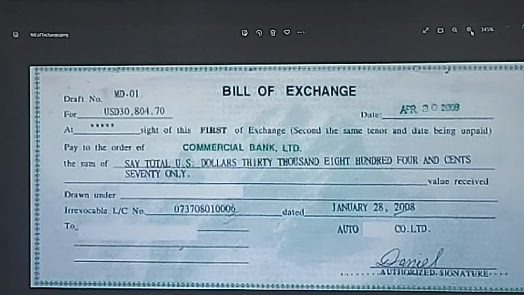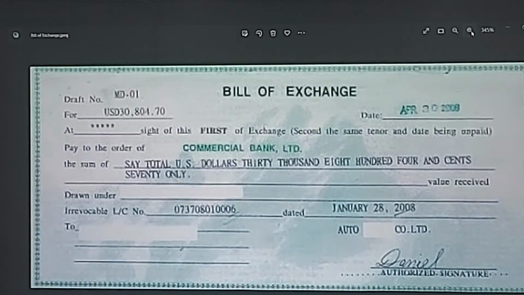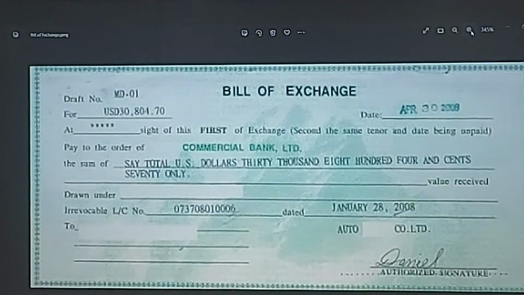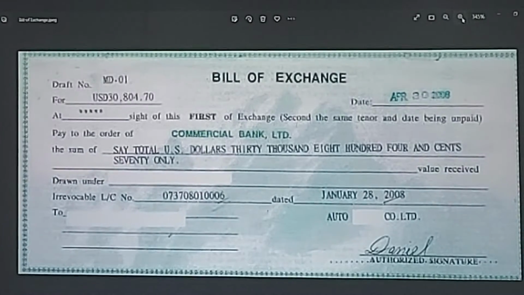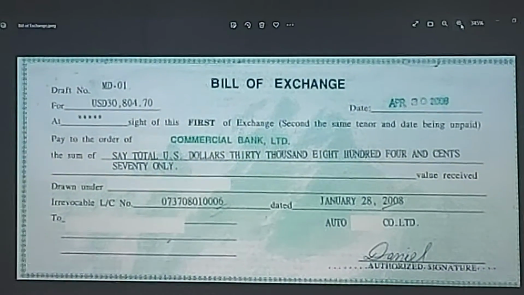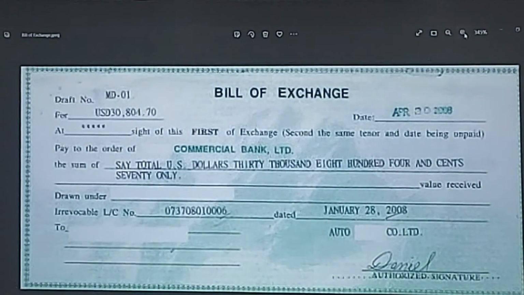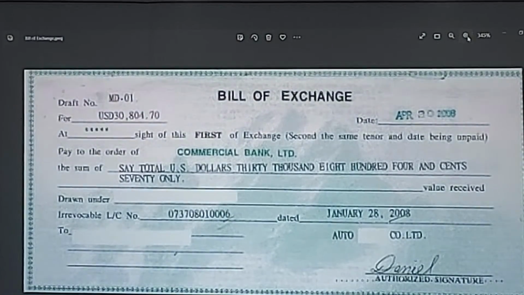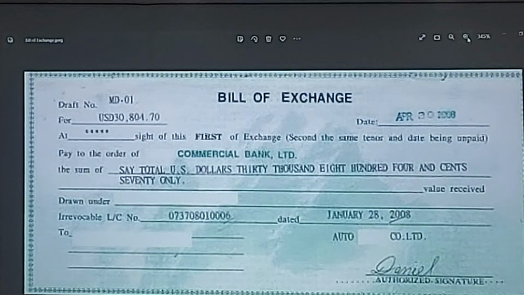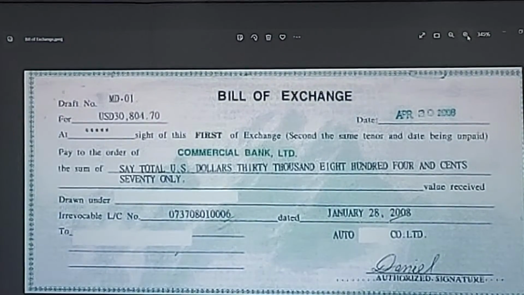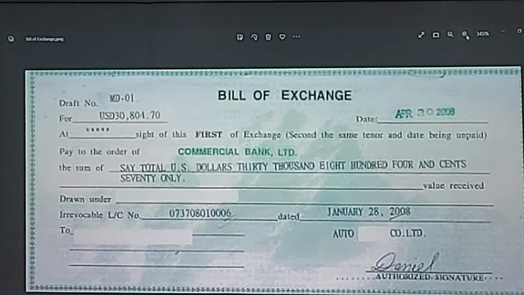Yes, this is a bill of exchange. As you see here, there is the date and the draft, and the amount is given here. This is the first of the 2, so it says first exchange, second remaining unpaid. Paid to the order of Commercial Bank. The amount, the drawer, and the SC number are given here. The person who is the drawer has his name here, and the drawing is in his favor. Here the drawing is Commercial Bank. So this is called a bill of exchange.